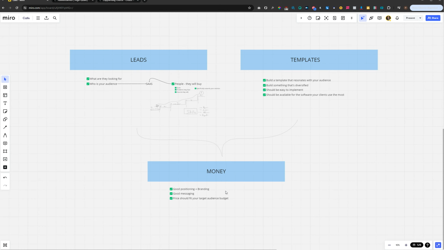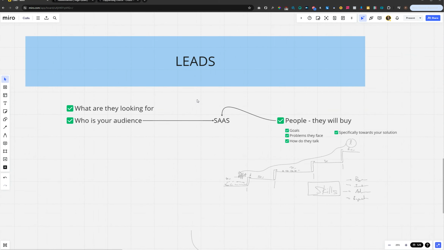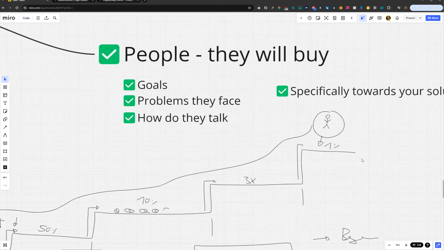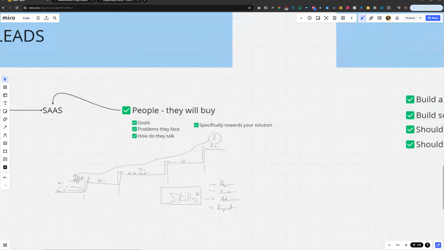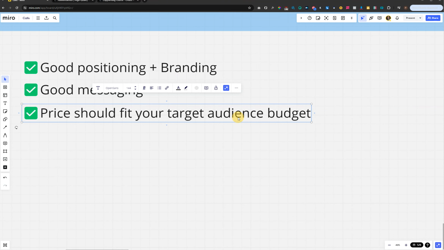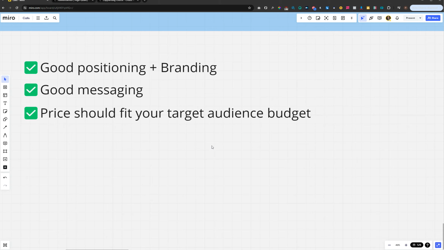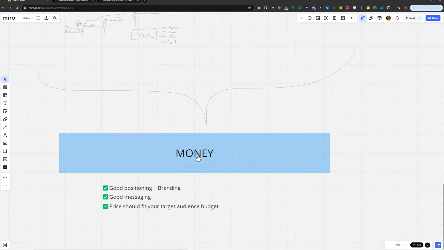What you want to do is understand if you have these 3 things combined. Do you have enough leads that are looking for your service, your offer, your solution, and that would fit their budget? If the answer is yes, go to the next thing.